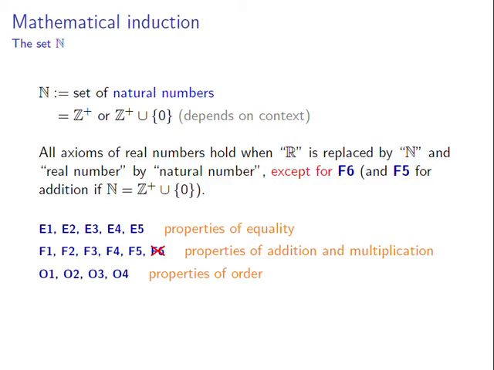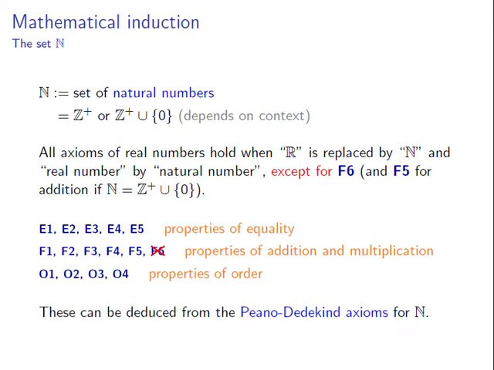All axioms of real numbers hold when the set R of real numbers is replaced with the set ℕ of natural numbers, and with the word real number replaced by natural number, except for axiom F6, which is the existence of additive inverses and multiplicative inverses. If we define the set ℕ to be the set of positive integers, axiom F5 for addition, which is the existence of additive identity element, also does not hold.